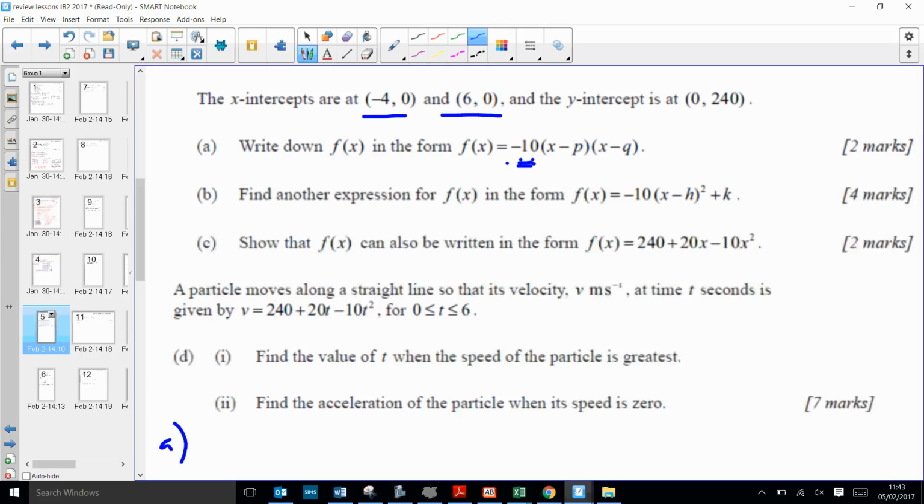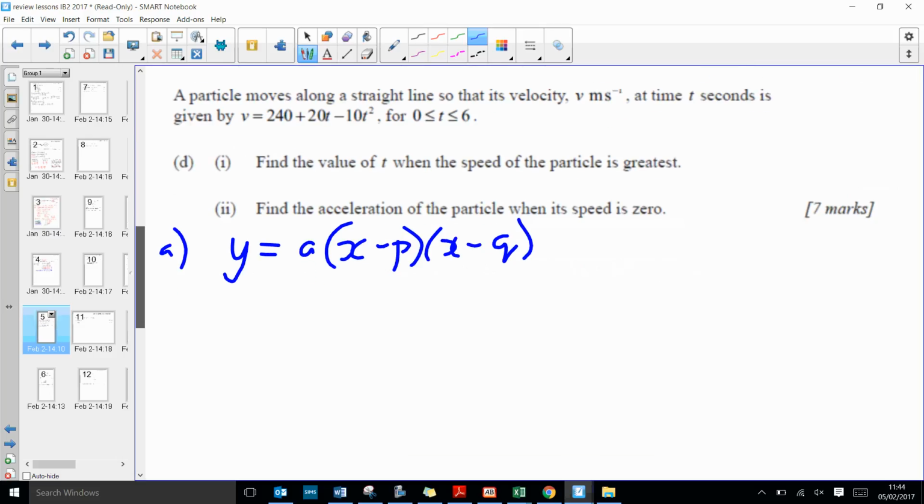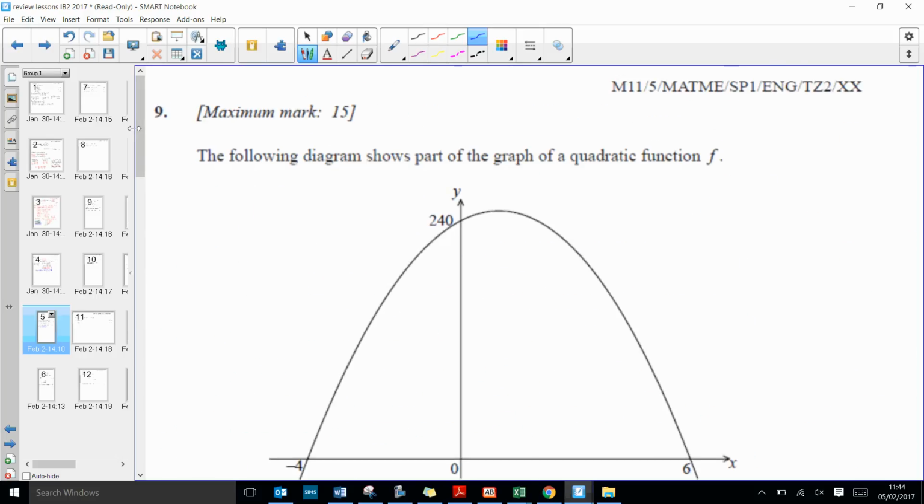If we're given our x-intercepts, we should start off by saying that y equals a(x minus p)(x minus q). We know that they're at negative 4 and positive 6, so we would have y equals a(x plus 4)(x minus 6).